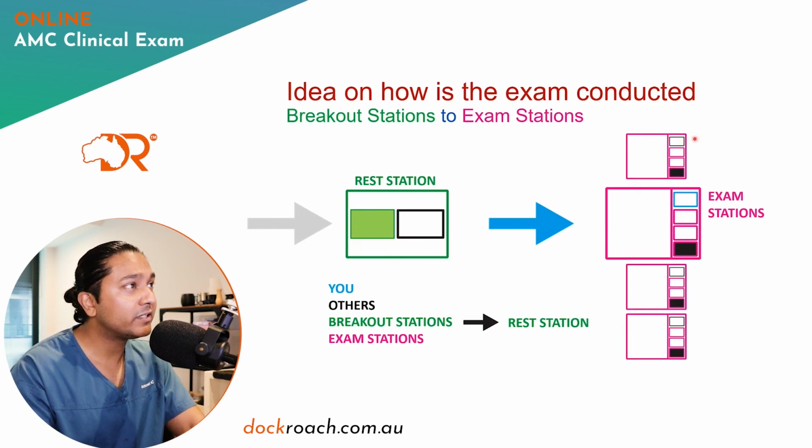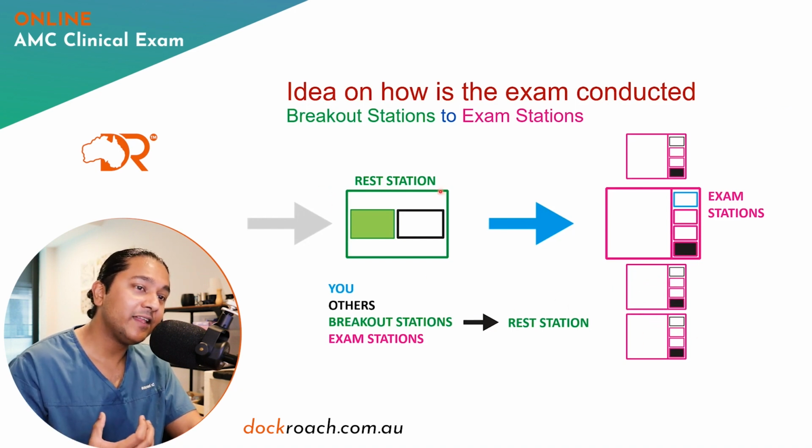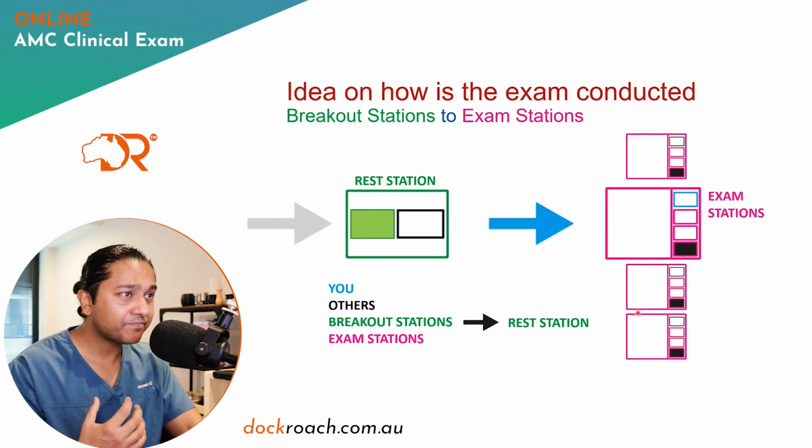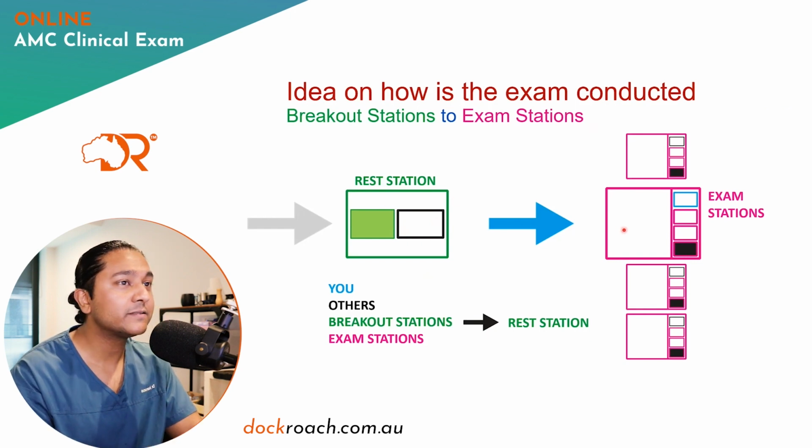So this one person went into here, the other person, maybe this is you, went into this exam station, the third person into this exam station, the 4th person into this exam station. And the breakout station has now converted into a rest station. So this is how you move from the breakout into the exam station.